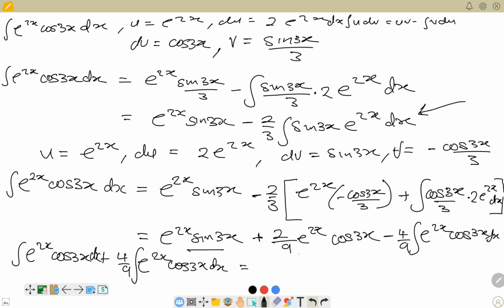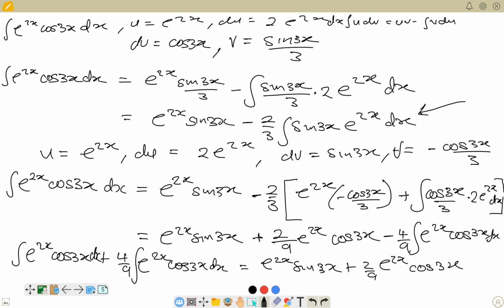Then we can write this. We leave this on the right hand side. So it's going to be e to the power 2x sine 3x plus 2 over 9 e to the power 2x cos 3x. So when we are here, we are almost done.